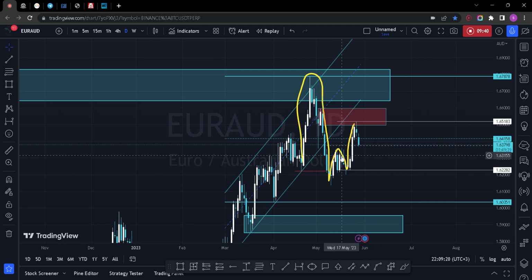So I've highlighted this area because to me this is inducement.